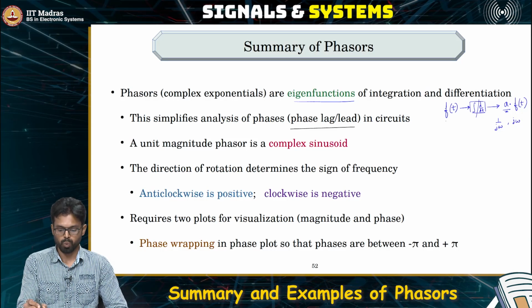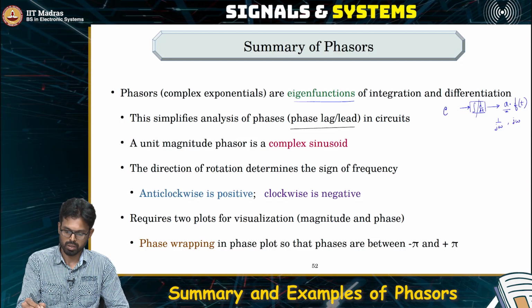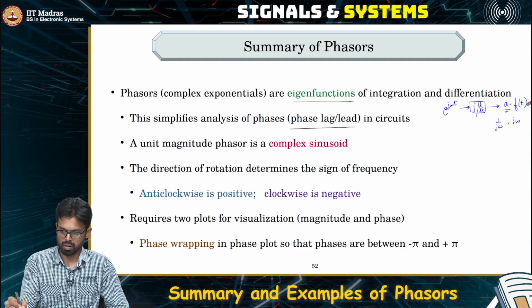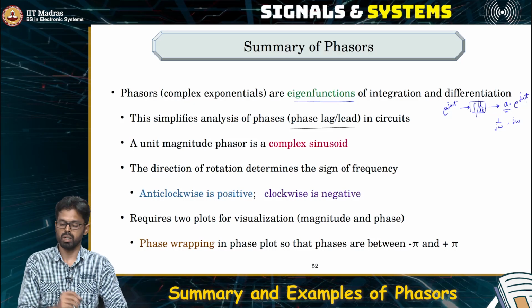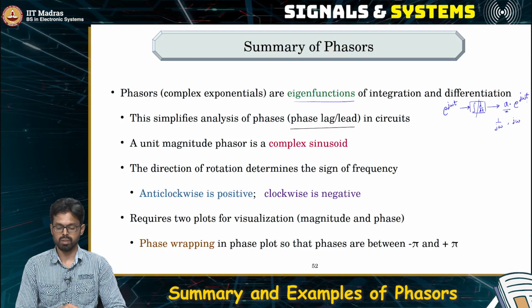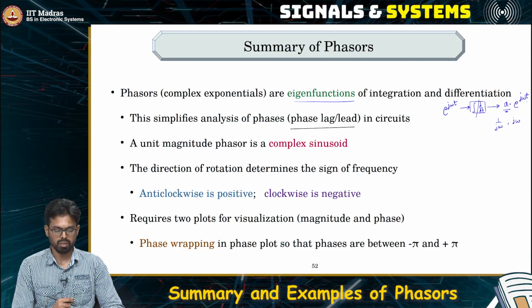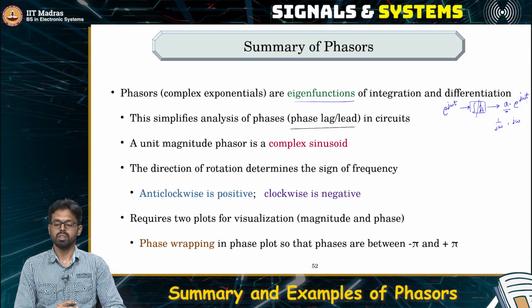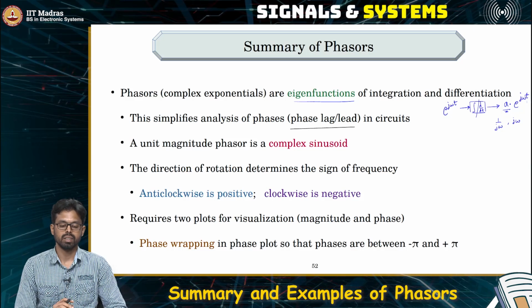So we feed in a phasor, the output is the phasor as such with some constant multiplier. So this is a very important property that becomes extremely useful in the analysis of circuits with capacitors and inductors. And this is the main reason we use phasor representation, simply because it reduces a lot of complexity in analyzing the circuit.